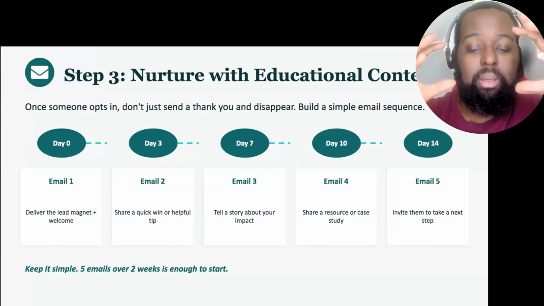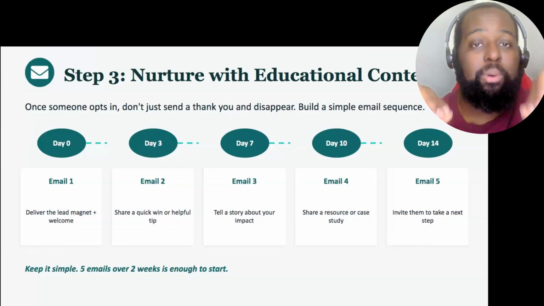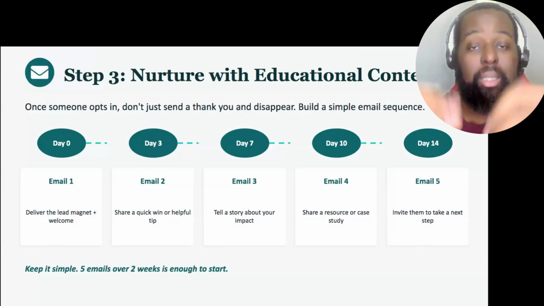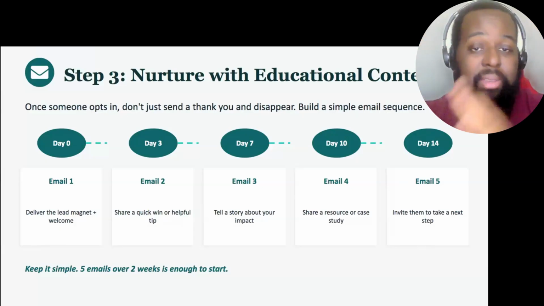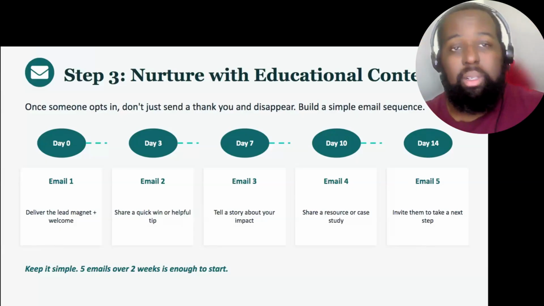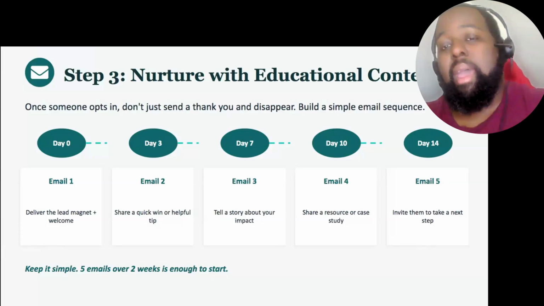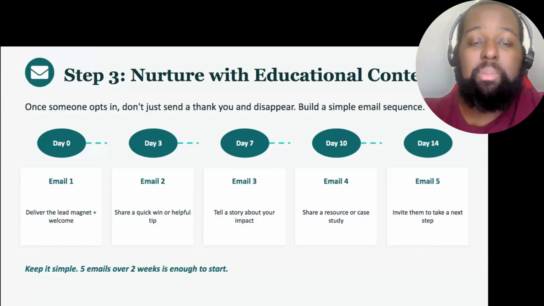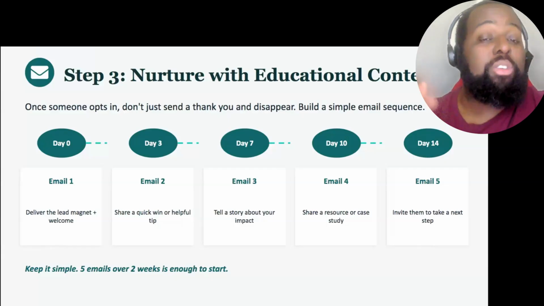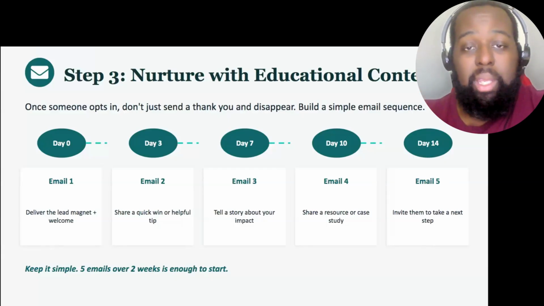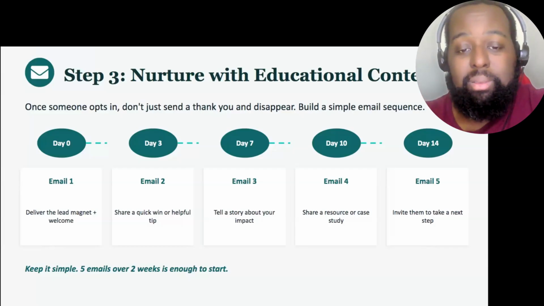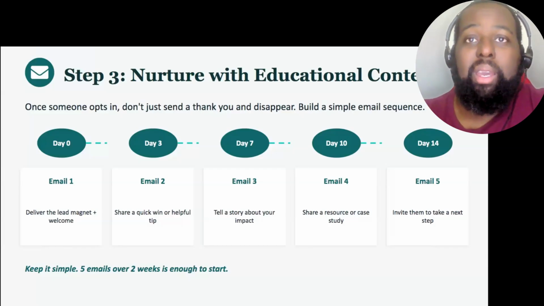But as far as trying to attract people for a singular purpose in a lead generation campaign, 5 to 7 emails over the span of 2 to 3 weeks is usually a good sweet spot to have. It's enough of a cadence to keep people engaged, but not too much where you're bombarding them with so many emails to the point they're like, okay, I don't want to deal with them anymore. So they go ahead and unsubscribe off your email list.